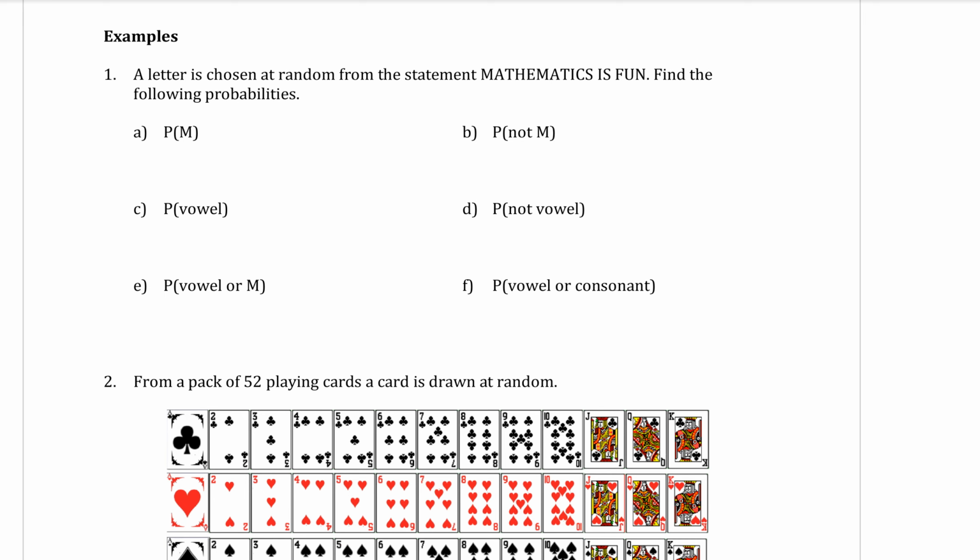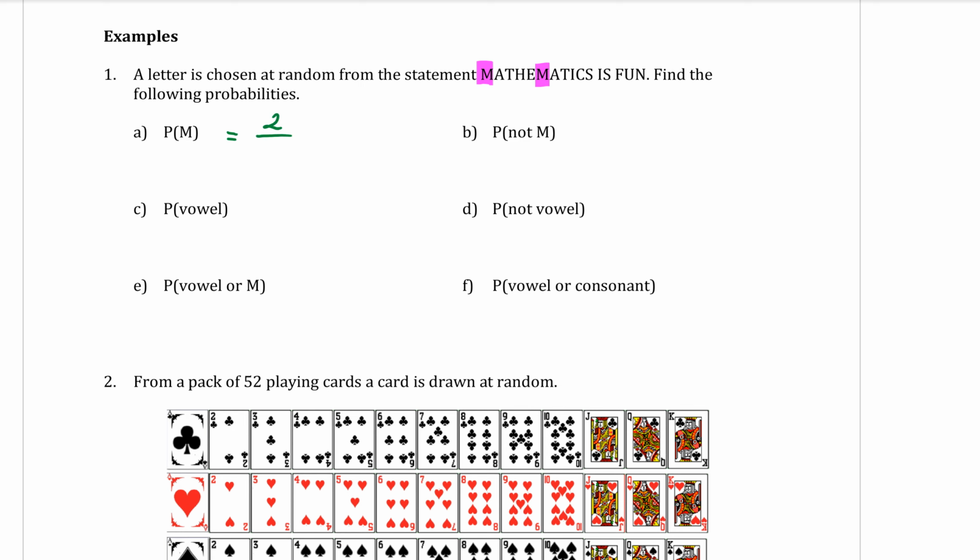So I look at my statement written in capital letters there, and I want to find all the M's. There's one there, and there's one there. That's it. There's 2 M's in that statement. So using that formula that we just went through, the number of favorable outcomes is 2 because there's 2 M's.